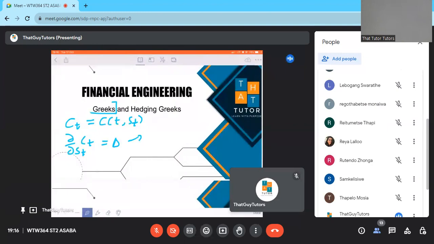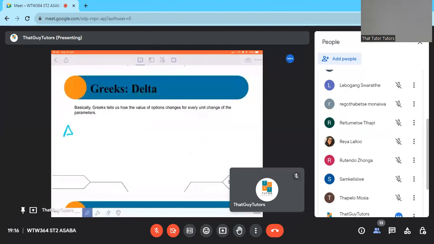The first Greek that you are going to learn is the delta. Delta tells you the derivative with respect to the share price of V, your contingent claim.